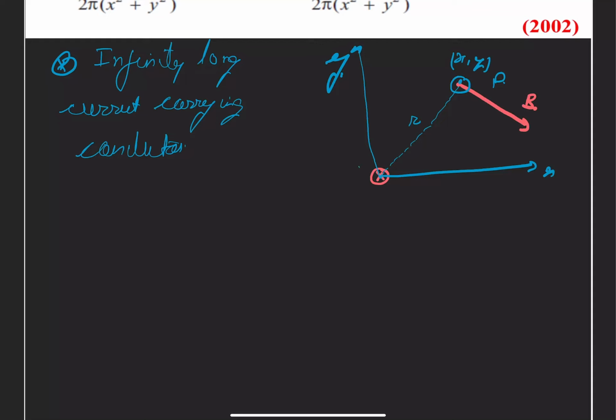Let us call this O. So this OP will be the position vector of this particular point.